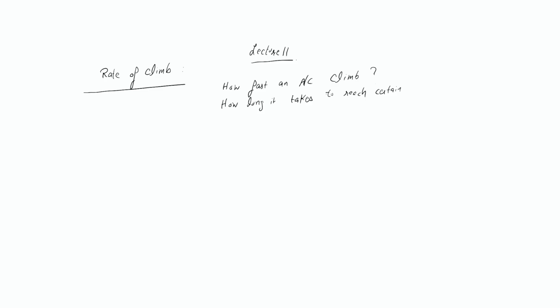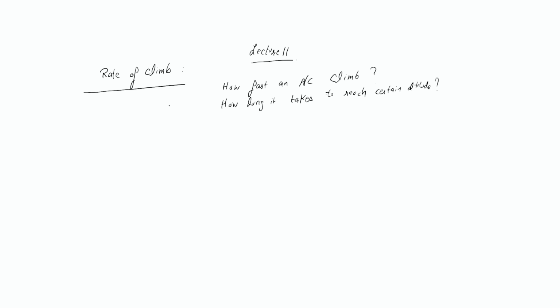For commercial aircraft, they generally fly at 10 kilometers. So how long does it take to reach that altitude? That can be determined by the rate of climb. The rate of climb is nothing but a velocity, in meters per second.